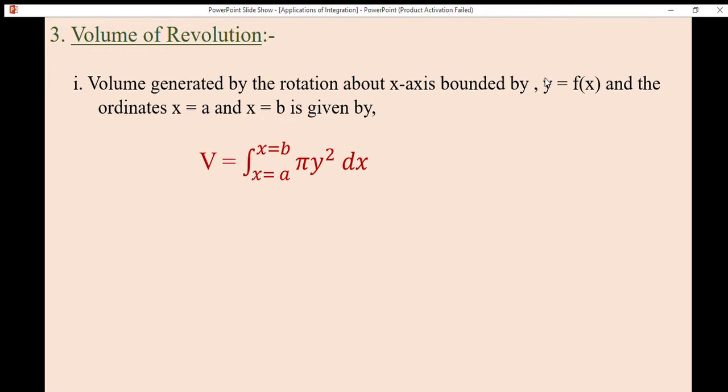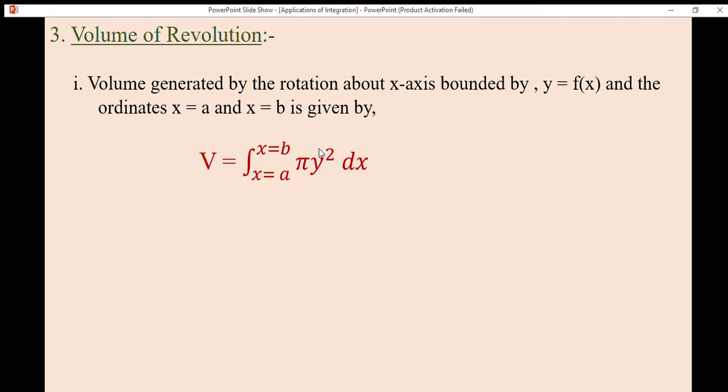So your equation of curve should be in the form y equal to f(x), where the ordinates or the limits are for x from a to b, we can suppose. Then to find that volume, the formula is defined as integration of pi y square dx. Only by using this formula you can find volume of that curve.